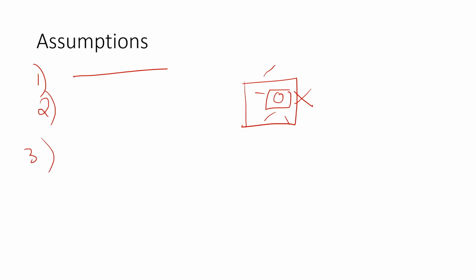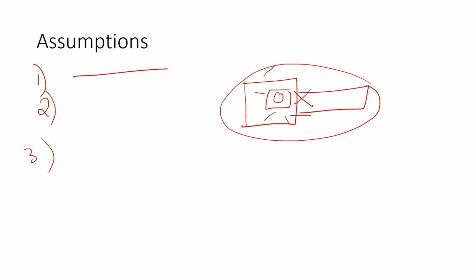Third assumption is uniform heat transfer coefficient over the entire surface of the fin. Suppose this is our fin. There should not be any heat generating element, which we talked about in point 2. Now the third point says that h should remain constant over the entire surface. It should not vary over different lengths of the fin. Fourth assumption is that the material should be homogeneous and isotropic.